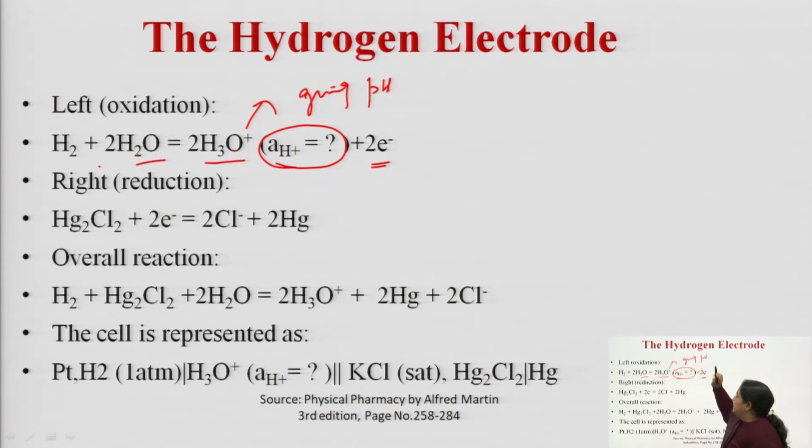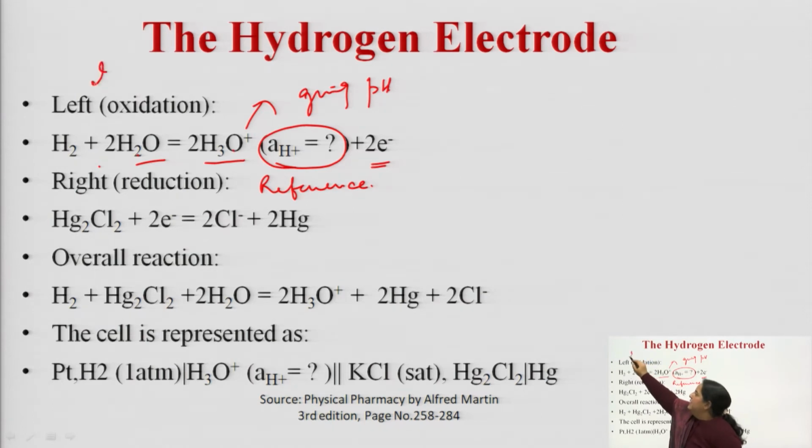At right, reduction will take place. Here we take it as the reference electrode. By right I mean that we are taking a reference electrode, and by left we are taking the indicator electrode. So, the indicator electrode here is the hydrogen electrode.